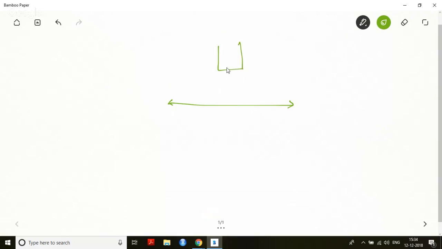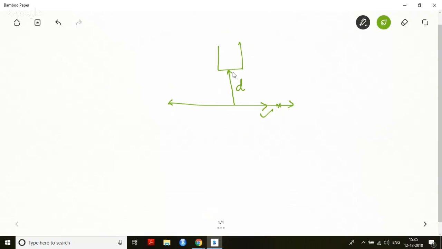Whenever the distance between the magnetic pole and the conductor is changing continuously, a current is observed in this conductor.